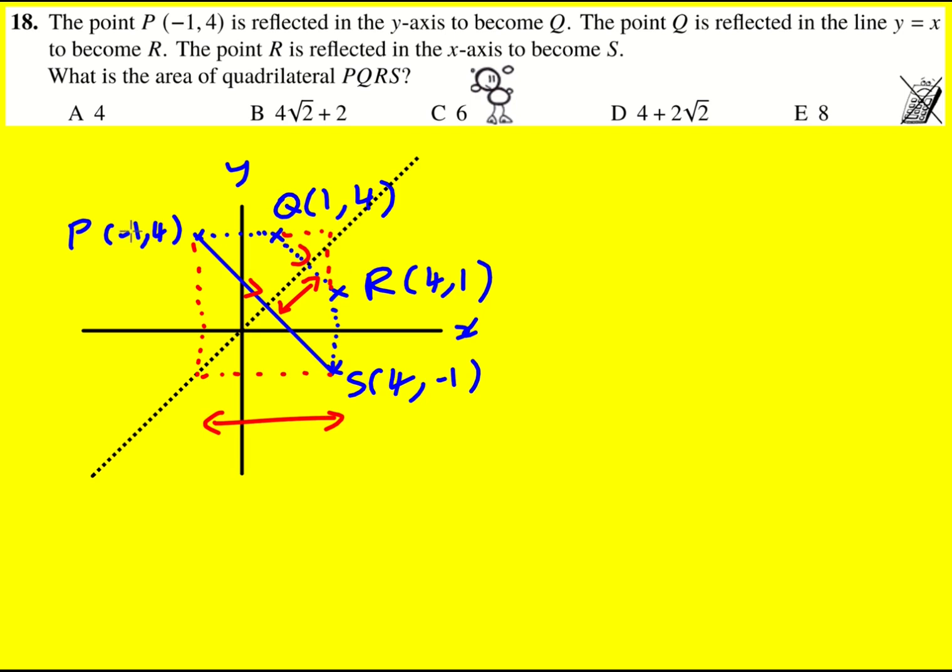So this base, going from -1 to 4, is going to be 5, and the height is also going to be 5. So in fact, it's a square. So I've got 25 as my whole area. Then I'm going to minus this green area. It's actually going to be half of it, 25 over 2, or 12.5.